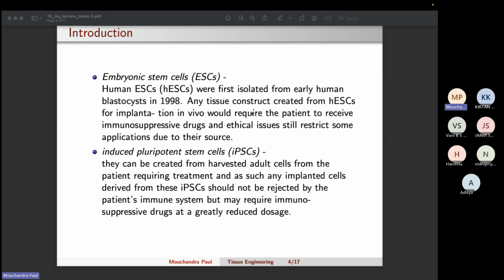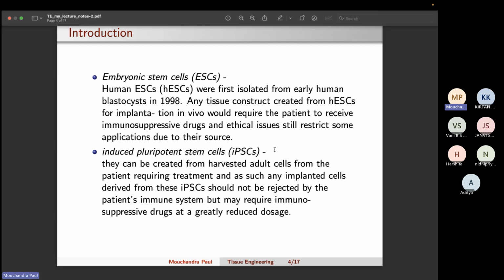Any tissue construct created from these embryonic stem cells, when implanted in a human patient, requires the patient to take various kinds of immunosuppressive drugs because these cells are foreign to our body. In order to prevent the attack of our immune system, the patient has to take the immunosuppressive drugs.